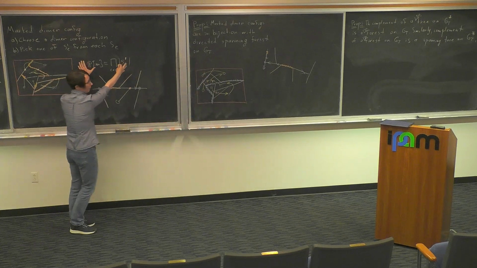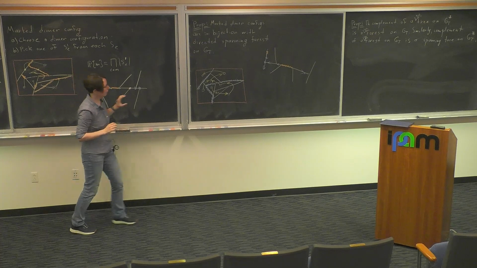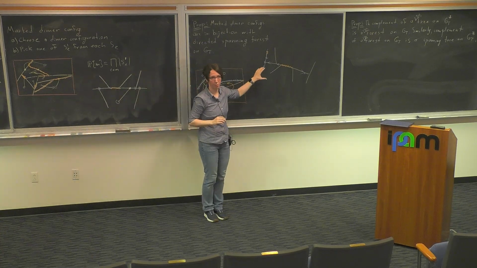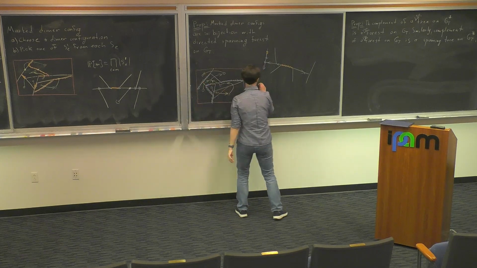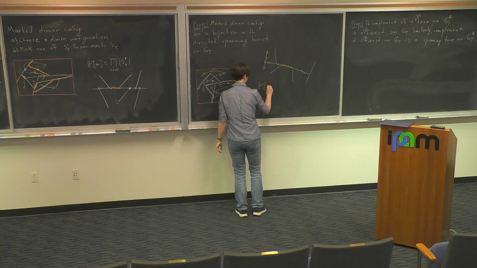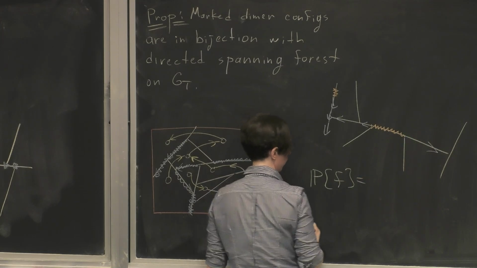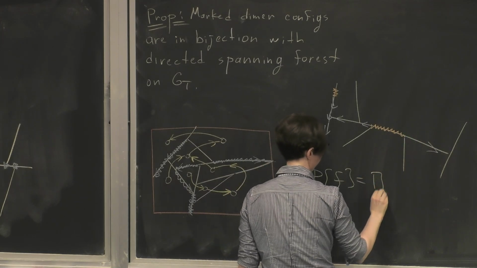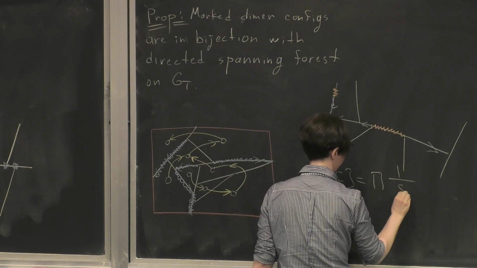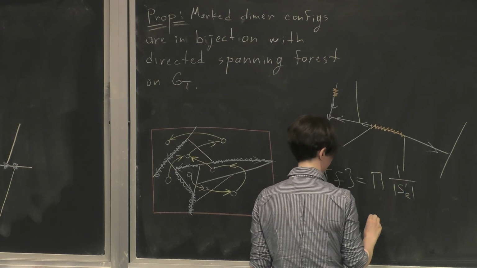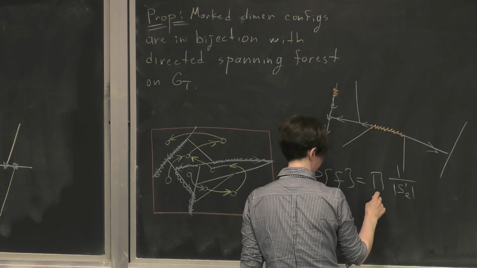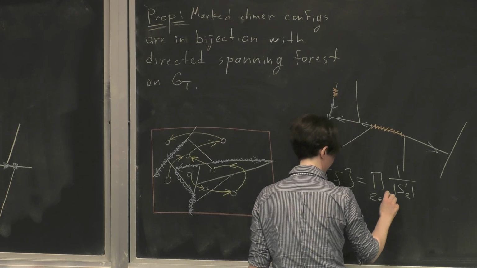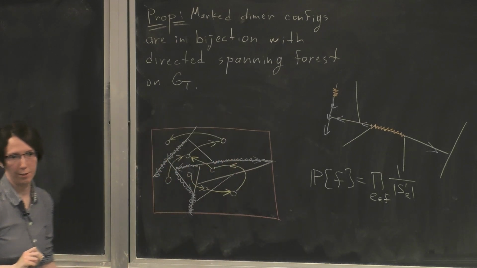I have this probability measure on marked dimer configurations. I can also define a probability measure on the directed forests. Let us define it in the following way. This is the product of 1 over S_e prime over edges in the forest.